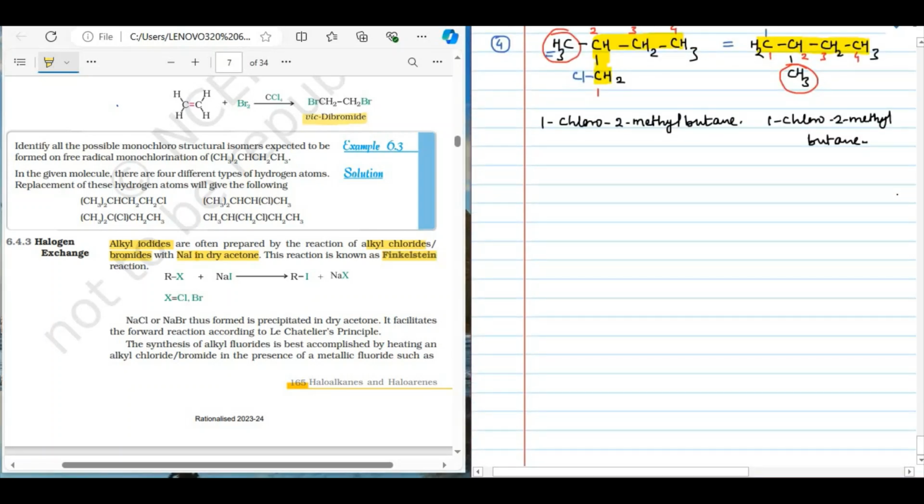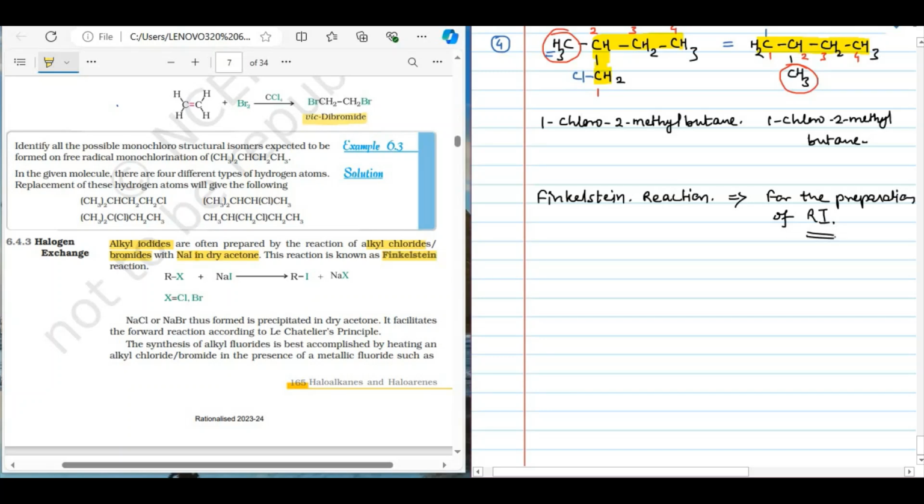So let's write the reaction. This is Finkelstein reaction. It is for the preparation of alkyl iodide.